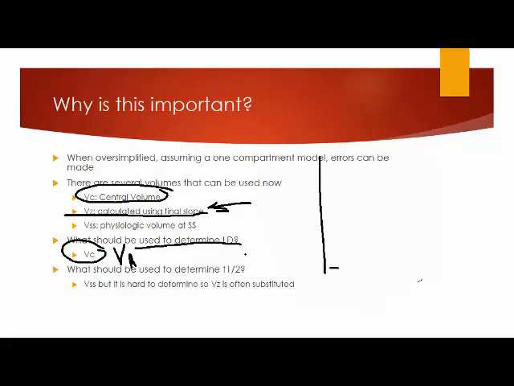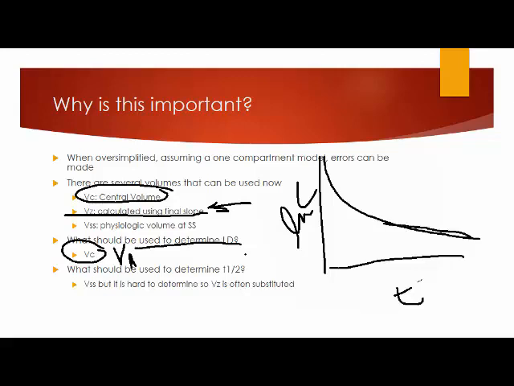And so when we talked about the natural log concentration time curve, if we've got this, we know we have more than one compartment, and based upon this, whatever the last slope is.